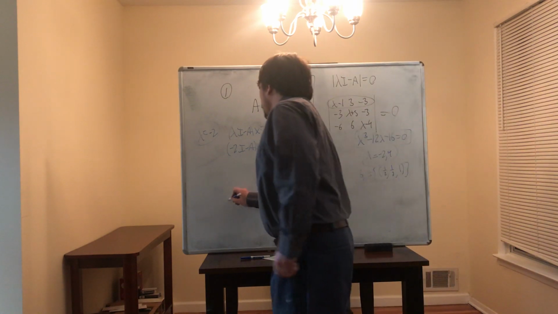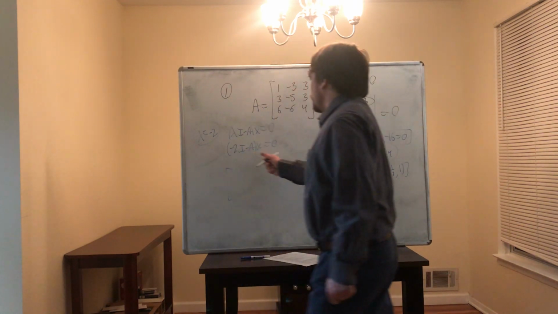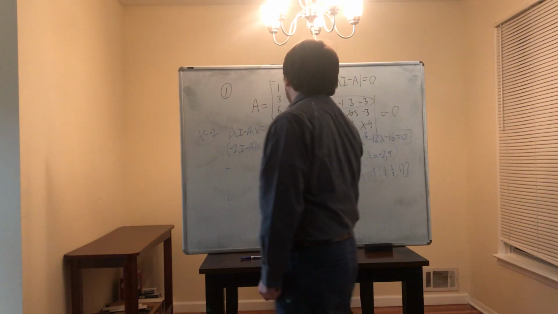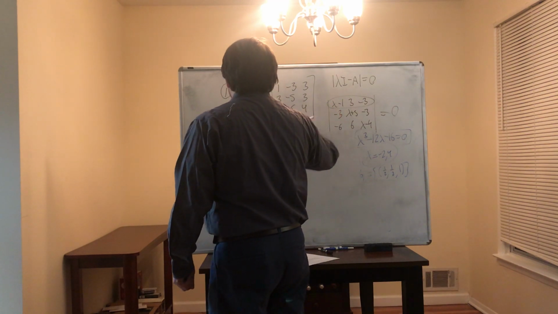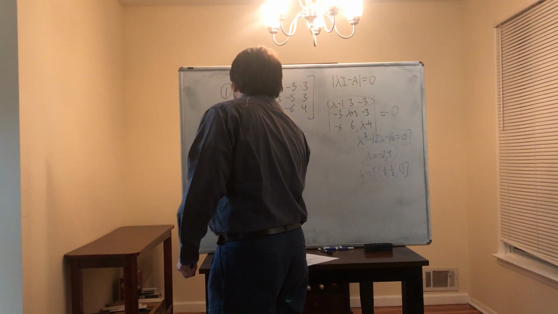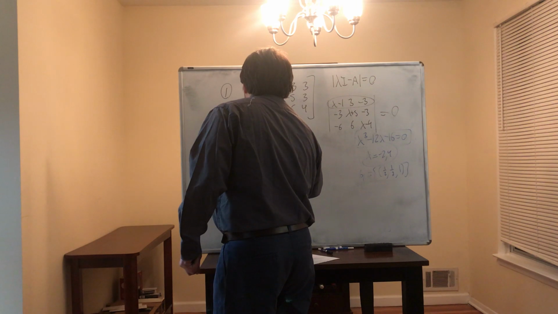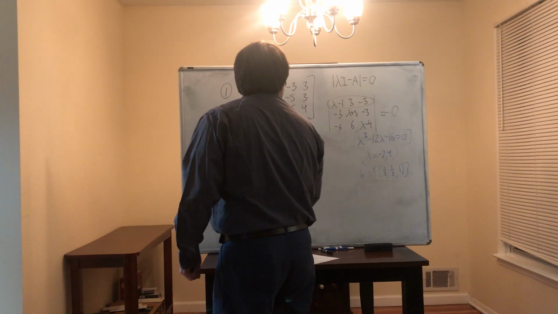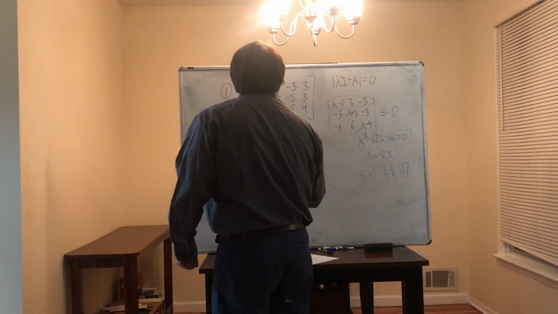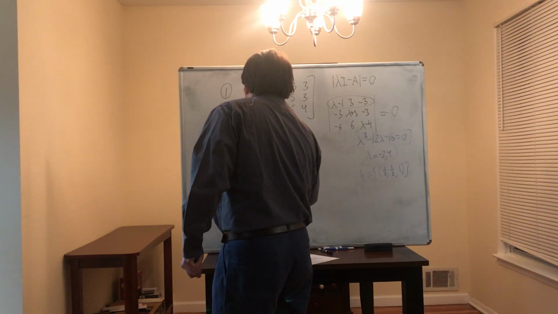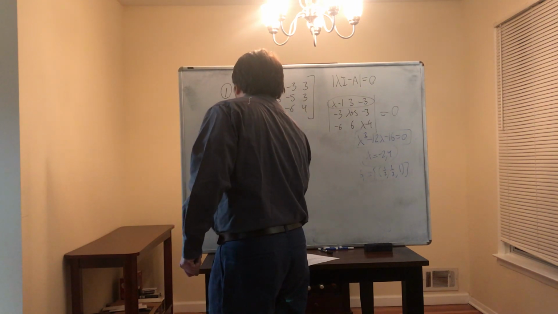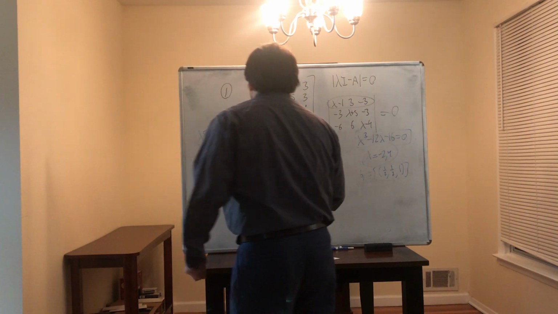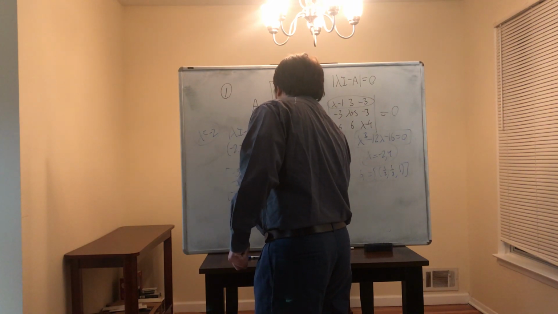And so we're going to write the augmented matrix corresponding to the linear system that's represented by this matrix equation. I'm going to plug -2 in here, and I'll get -3, 3, -3, 0, -3, 3, -3, 0, -6, 6, -6, 0.